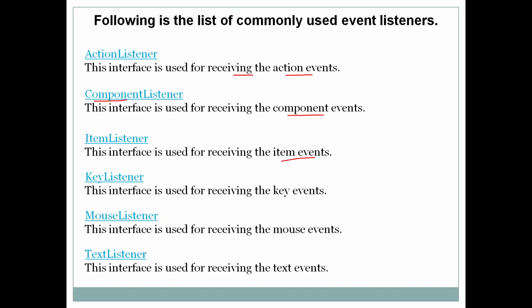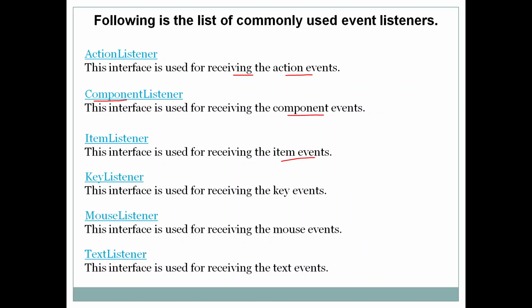Each of these interfaces provides some methods which are executed in response to the event. For example, in the last example we used ActionListener, and the method was actionPerformed, which was defined in the class MyListener. In the same way, in different interfaces like ItemListener and KeyListener, different methods are declared. All these are interfaces, remember.